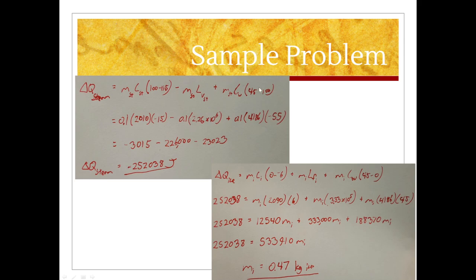And then the last term is the MC delta T for reducing the temperature of the 100 degrees Celsius water we'll end up with down to 45 degrees Celsius. That'll use the same mass. Even though it's changing state, it's still the same amount of material, so the mass doesn't actually change. It's the same mass all the way through.